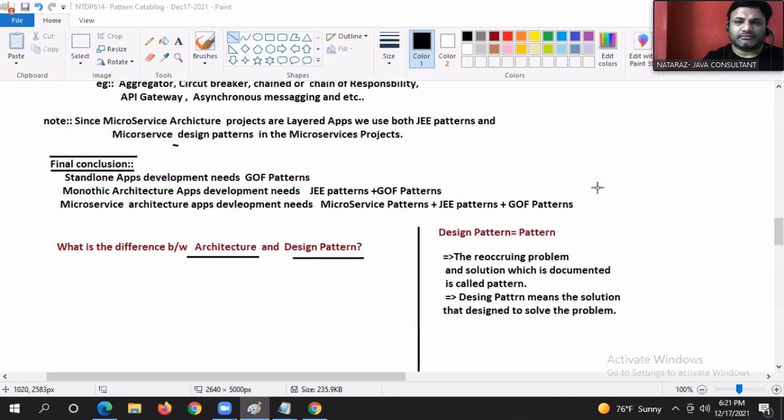Tell me, what is architecture, guys? I say microservices architecture, monolithic architecture. Come on, monolithic architecture. I say monolithic architecture.